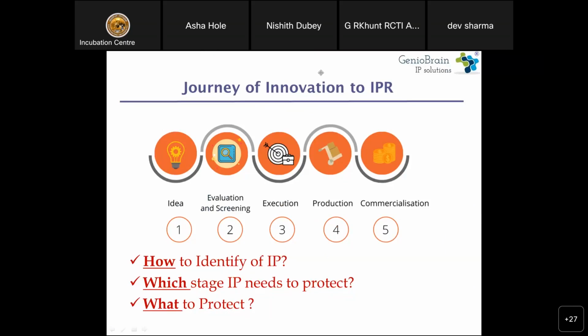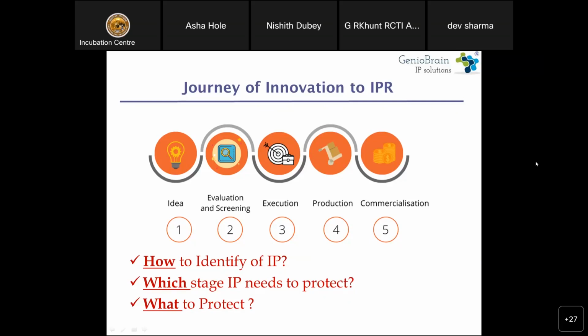Shall I continue, sir? Yes, journey of innovations to IPR we can see. So here we have divided our whole presentation according to this slide.